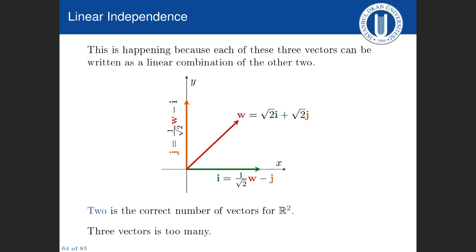What that means is 2 is the correct number of vectors in R2. If we have 2 vectors, like i and j, then we could write any other vector as a linear combination of them in a unique way. But 3 is too many vectors to do this.